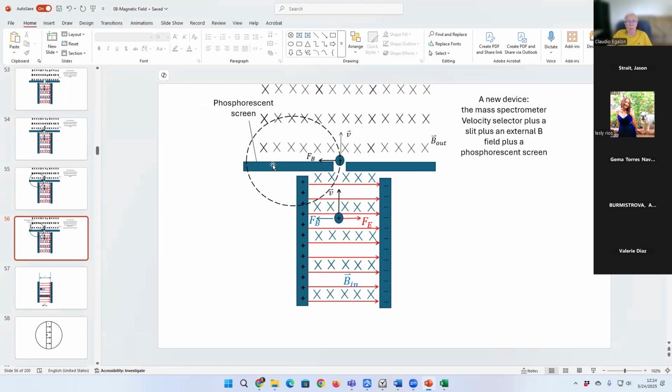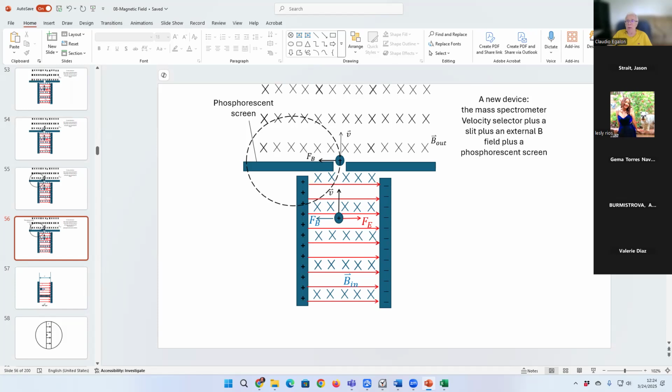You put the phosphorescent screen right in here in this slit, and you keep on watching where you start to see some glowing in the screen. Let's say we already have a ruler inscribed in this phosphorescent screen. You can measure this distance from the slit until the point where the phosphorescence appeared, and that's going to be the diameter of the circle.